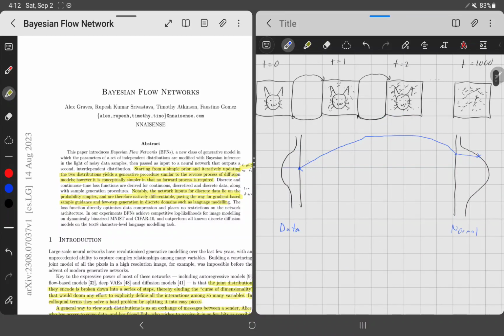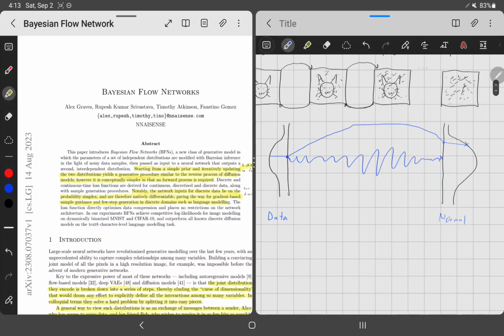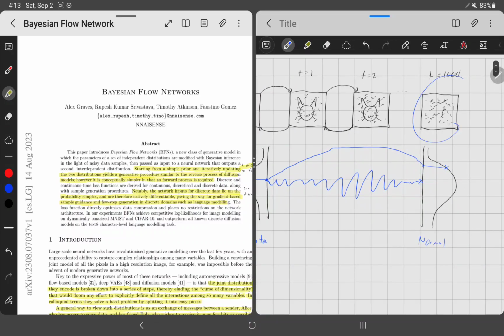Your noising process is the opposite, where it takes a value and it's usually an SDE, so maybe it's a little bit more noisy, and you end up on some part of the Gaussian. So the forward process is where you go from data to Gaussian, which is this to this.